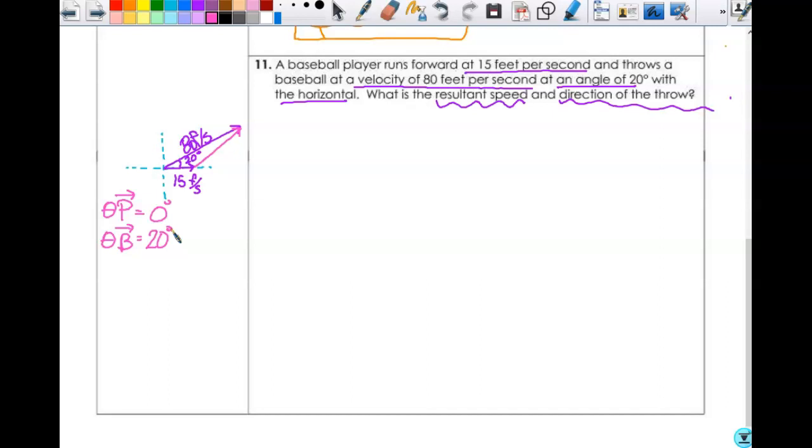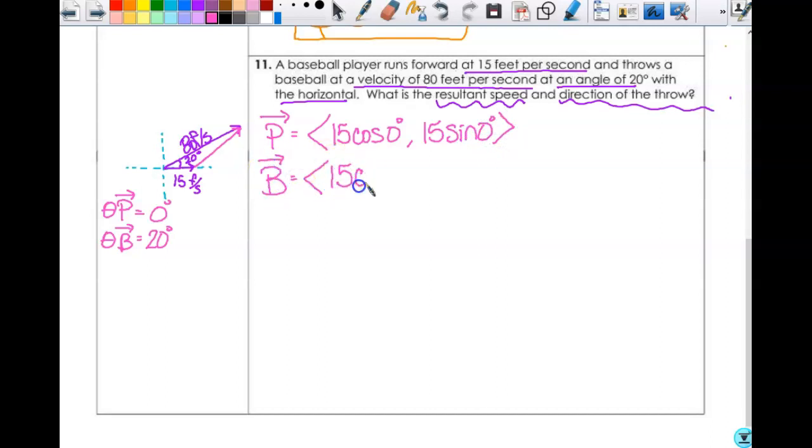So then our vectors. Our player vector is 15 feet per second times the cosine of the angle, which is 0, and then 15 times the sine of 0. Then the ball, that's going to be 15 times the cosine of 20.